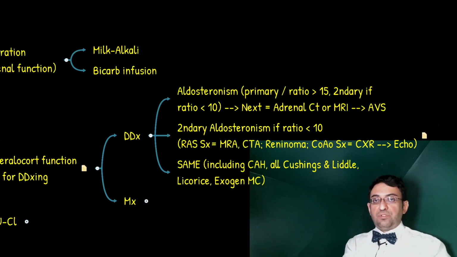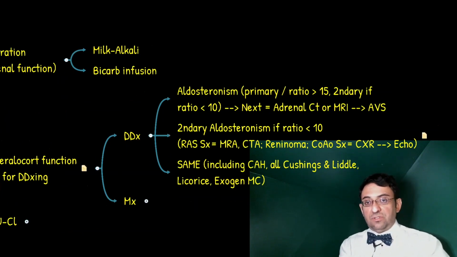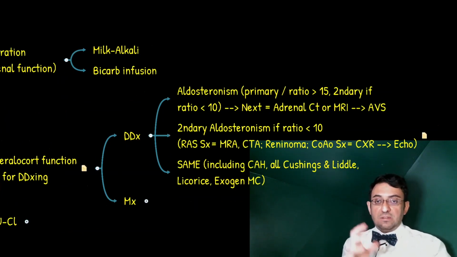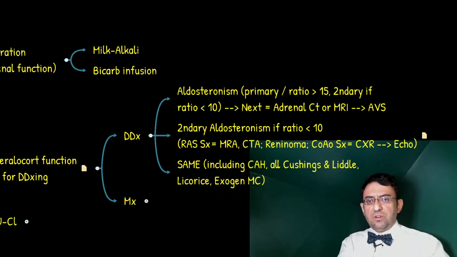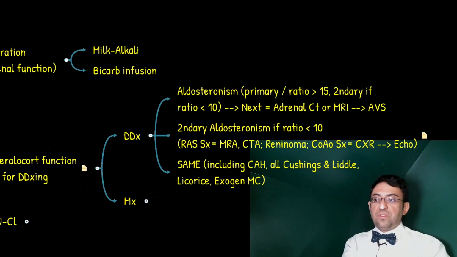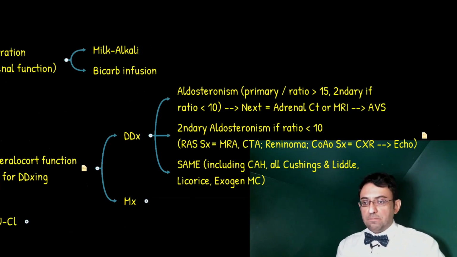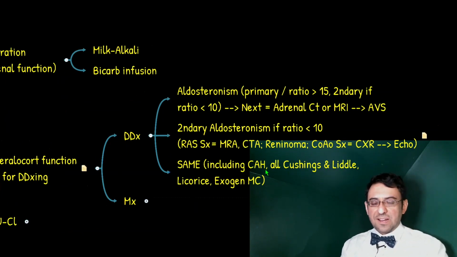Now, different resources have different categories under this name, but the idea is you have a substance in the body that functions as aldosterone. It could be exogenous mineralocorticoid, it could be a glucocorticoid with mineralocorticoid function, and so forth. So we have a couple important differential diagnoses here.